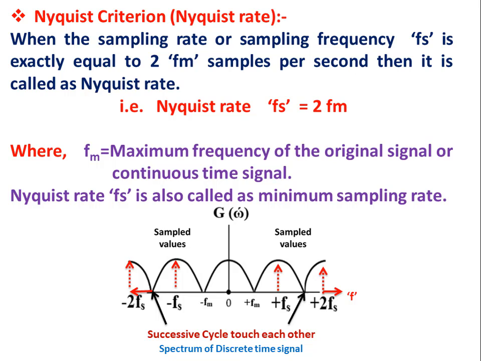This spectrum indicates that when Fs is equal to 2 Fm, the sampling process can obtain the minimum number of sample values at the output side. That criterion is called the Nyquist criterion, or sometimes the Nyquist rate.